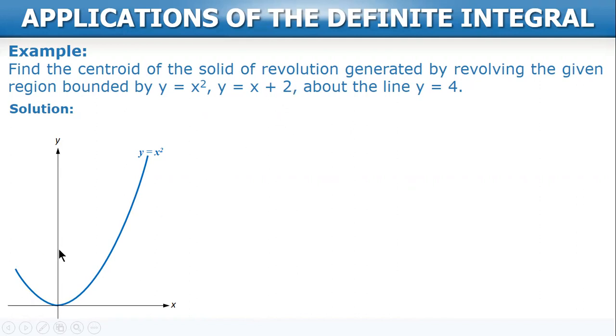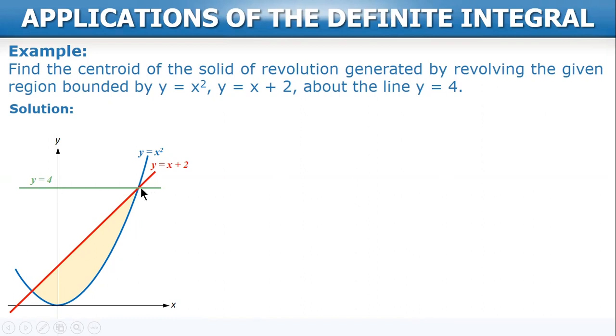So there's an intersection and then upward. So this is our bounded region. And we're going to revolve this area about the line y equal to 4. Okay.